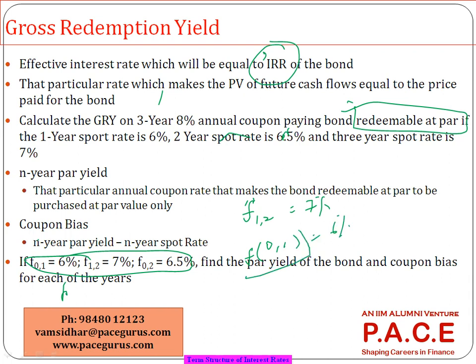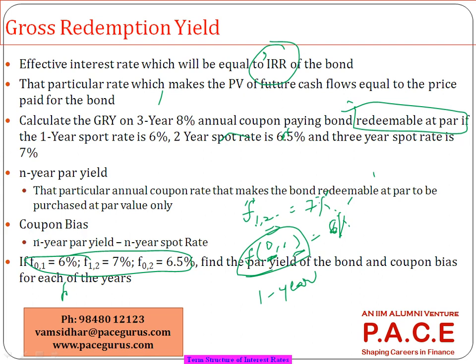F01 is nothing but 1 year spot rate. Just understand this. 1 year spot rate 0 years from now, which is 1 year spot rate itself. So 1 year spot rate is given as 6%. 2 year rate 1 year from now, which is 1 year forward for a 2 year bond, is what is given as 7%.